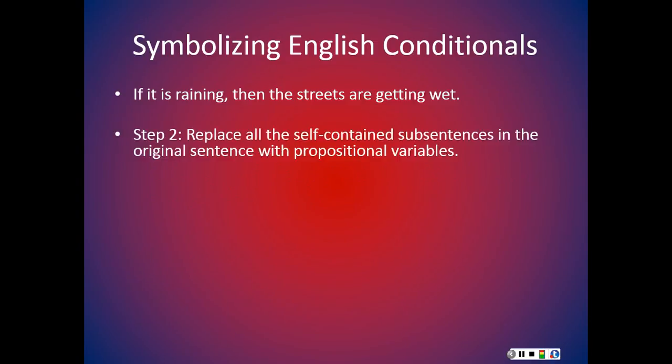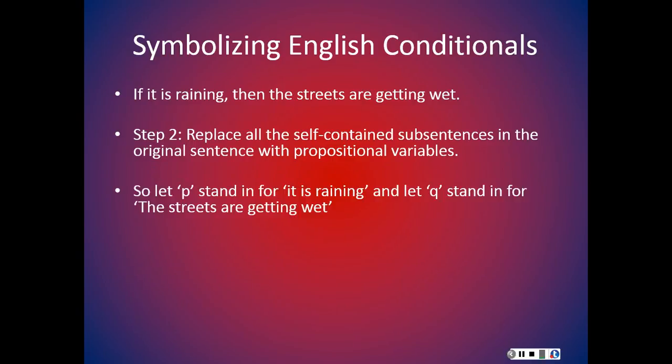Alright, the second step is to replace all the self-contained sub-sentences in the original sentence with propositional variables. So let's let P stand in for it is raining, and let's let Q stand in for the streets are getting wet.